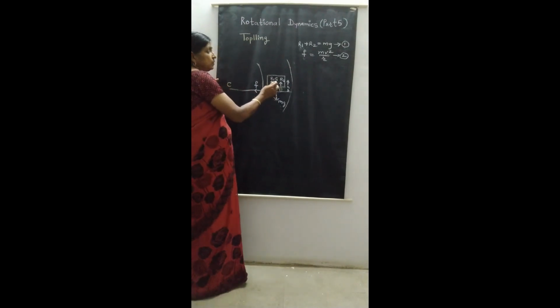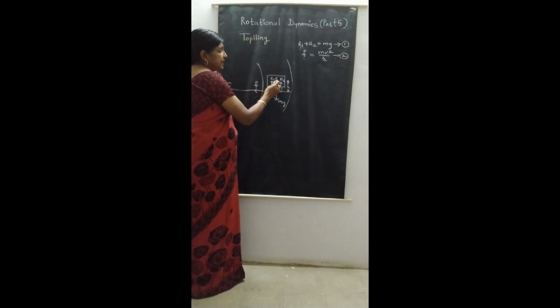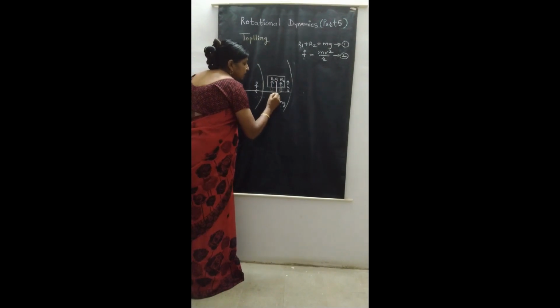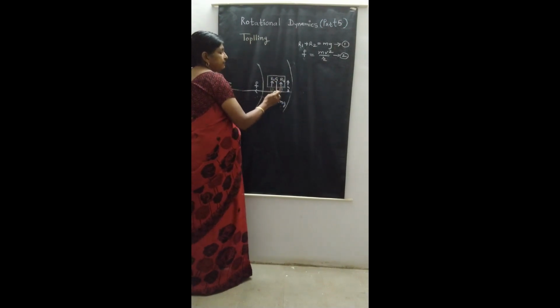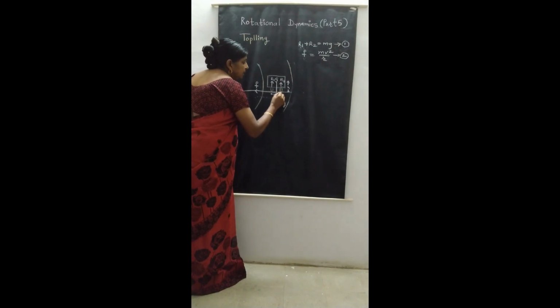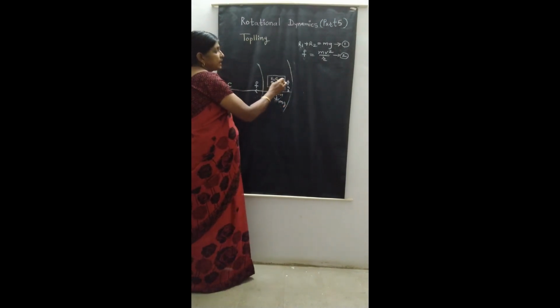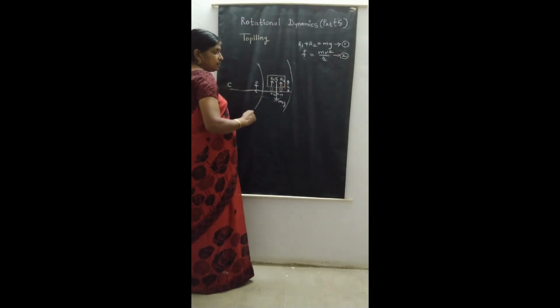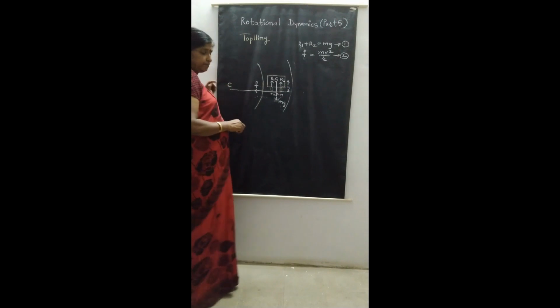Initially, for obtaining this moment of R1, we must denote this distance from the center of gravity to R1 as A. Here also the distance of the center of gravity from the outer wheel is A again.